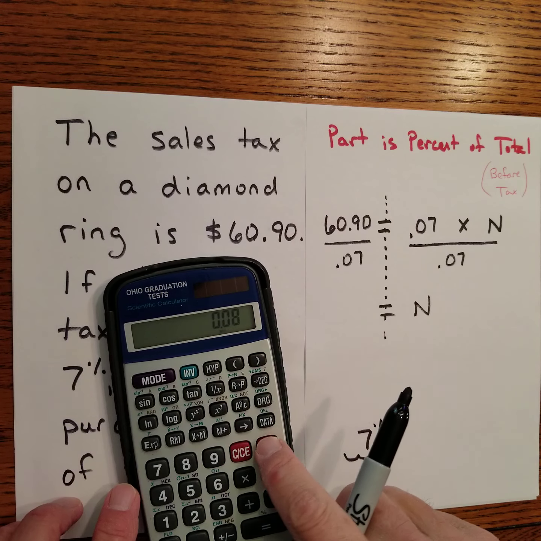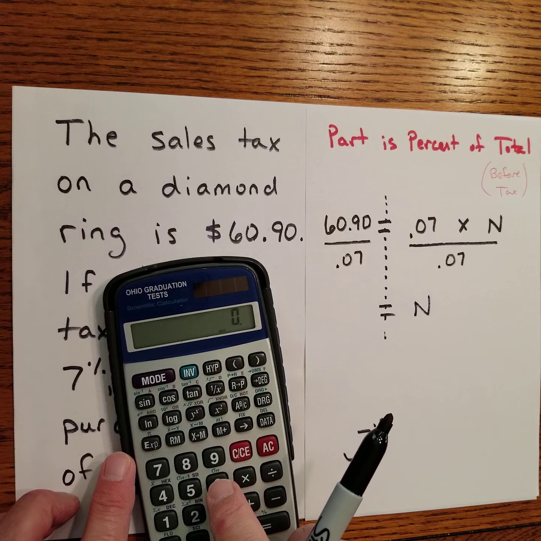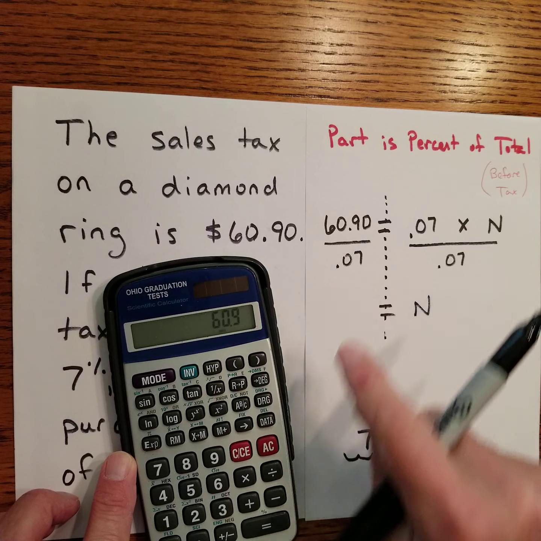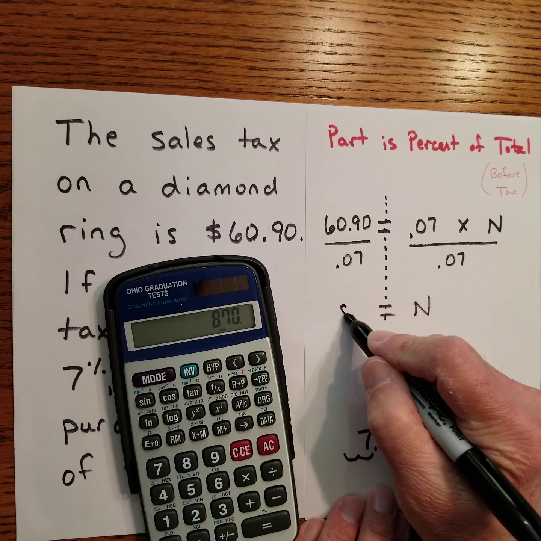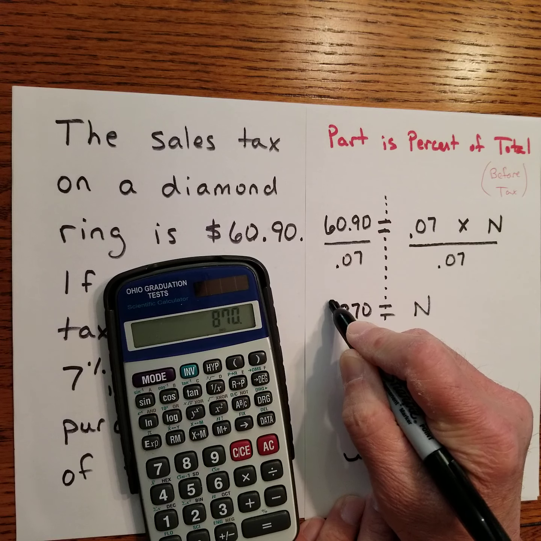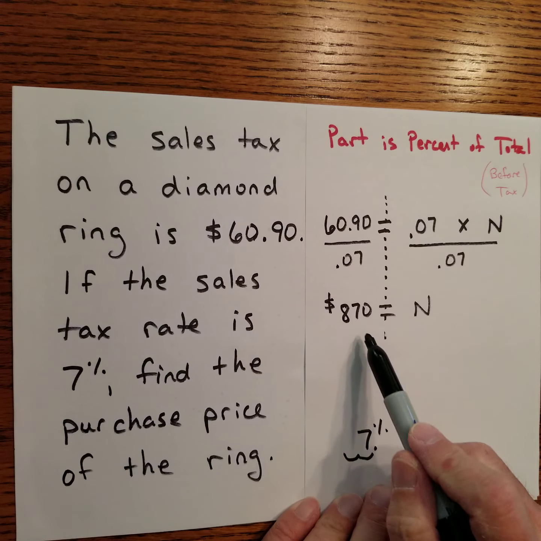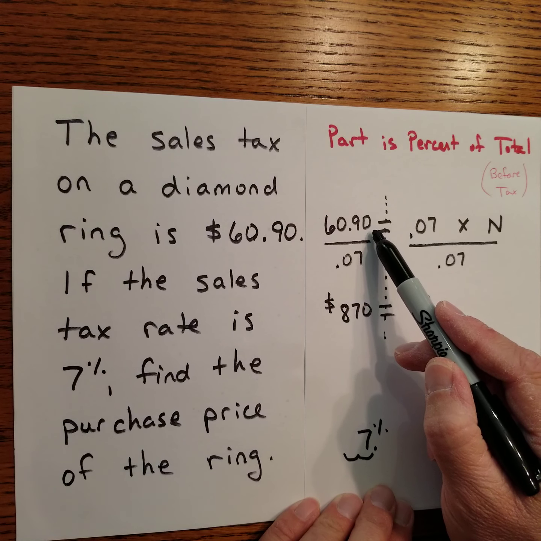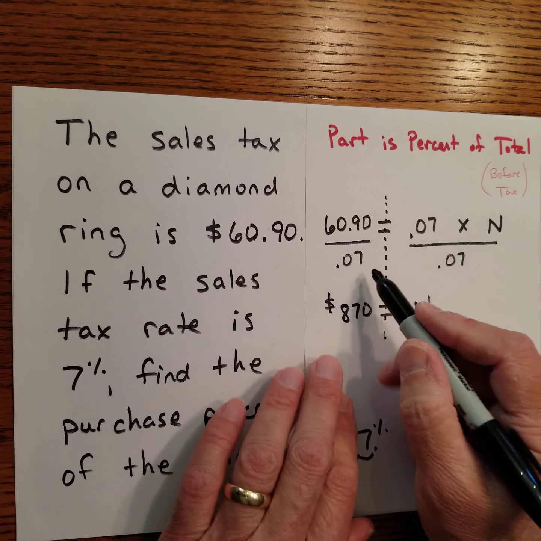On my calculator, I'll type in $60.90 first. $60.90 divided by 0.07. And my calculator says $870. There's the purchase price of the ring. It was an $870 ring for which I paid $60.90 in sales tax because the sales tax rate was 7%.